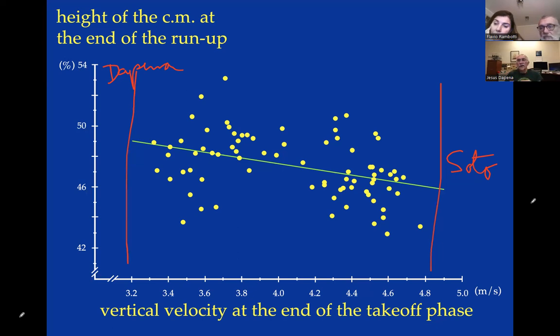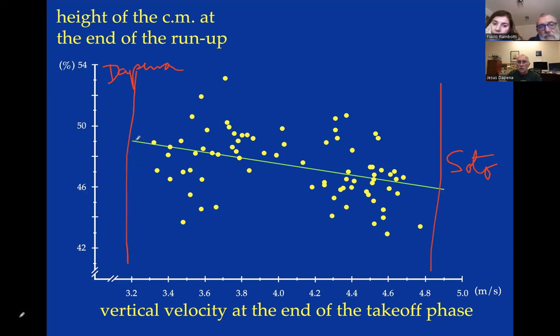So when you look at all high jumpers, you're going to find some who are at the optimum height, very few who are lower than optimum, and quite a few who are higher than the optimum. So when you look at the average of all of them, the average high jumper is higher than optimum.